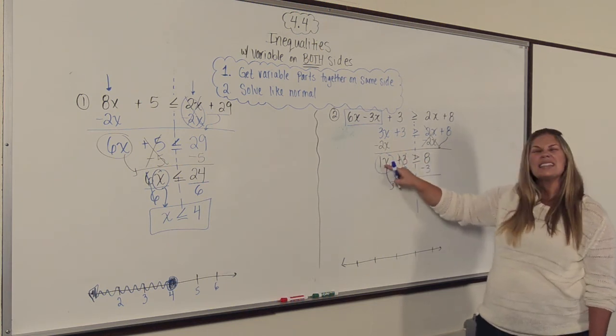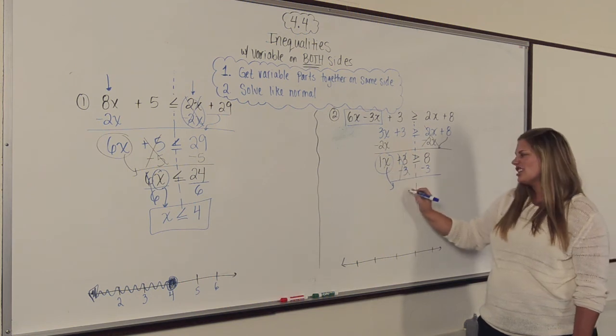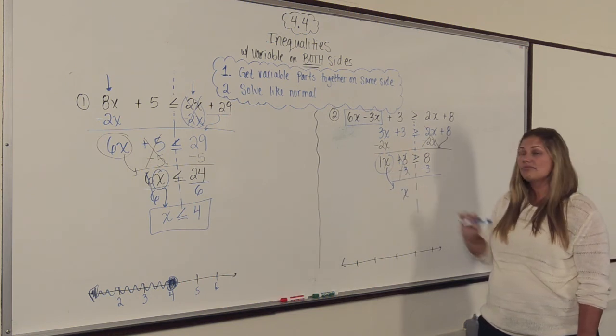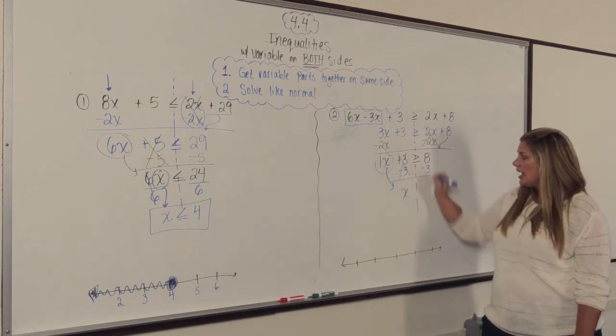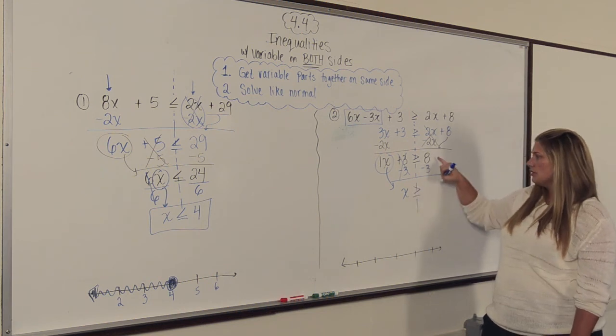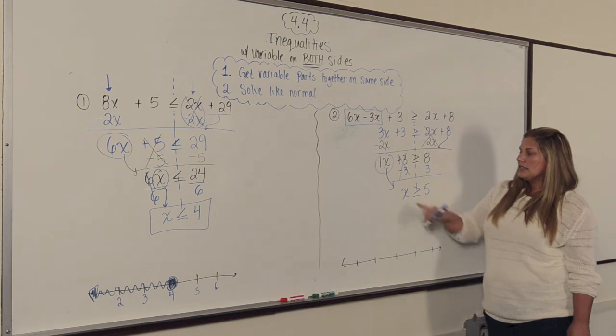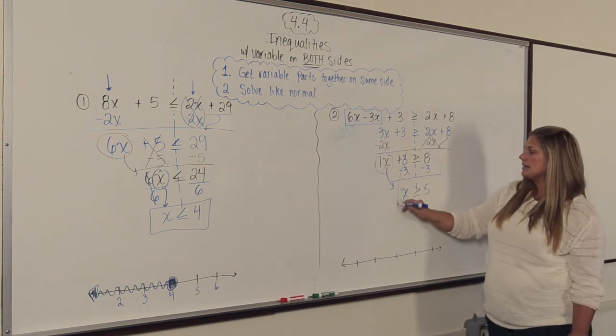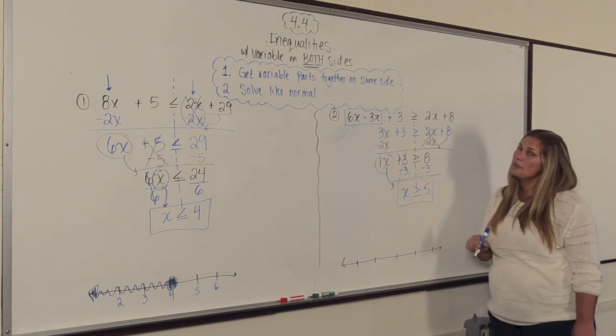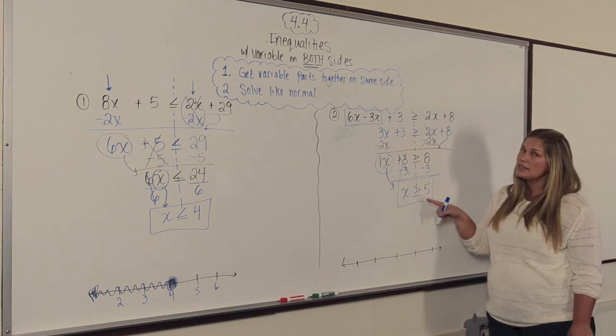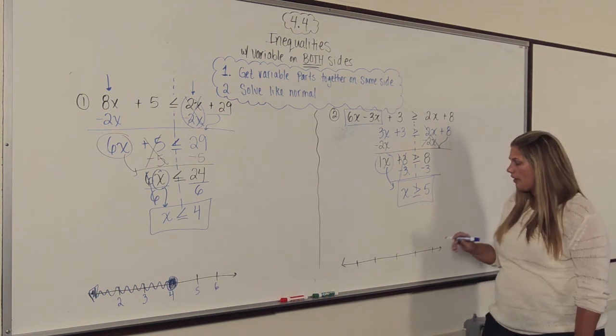And remember, 1 times x, it's just the same thing as having x is greater than or equal to, and 8 minus 3 is 5. Since x is completely by itself now, that would be my solution. X is greater than or equal to 5.